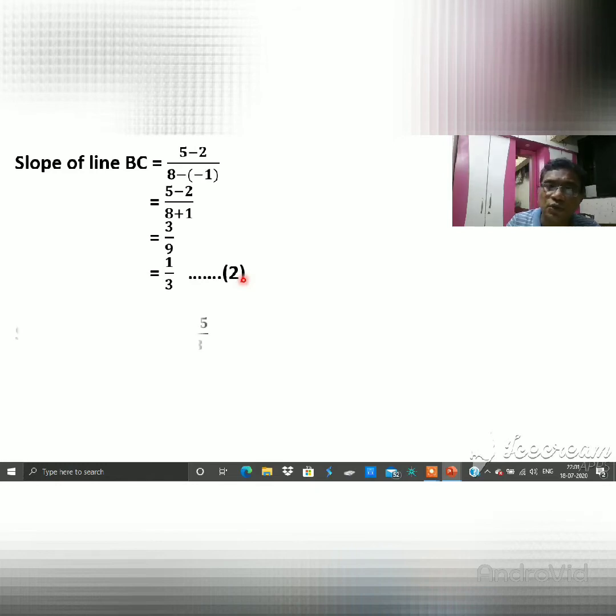Then you want to find the slope of CD. So the slope of line CD is equal to y2 minus y1 divided by x2 minus x1. So y2 is minus 4, y1 is minus 5, then x2 is 5, x1 is 8. Minus 4 and minus 5 have the same sign, so we can do addition. 4 plus 5 is 9, and the sign is negative.